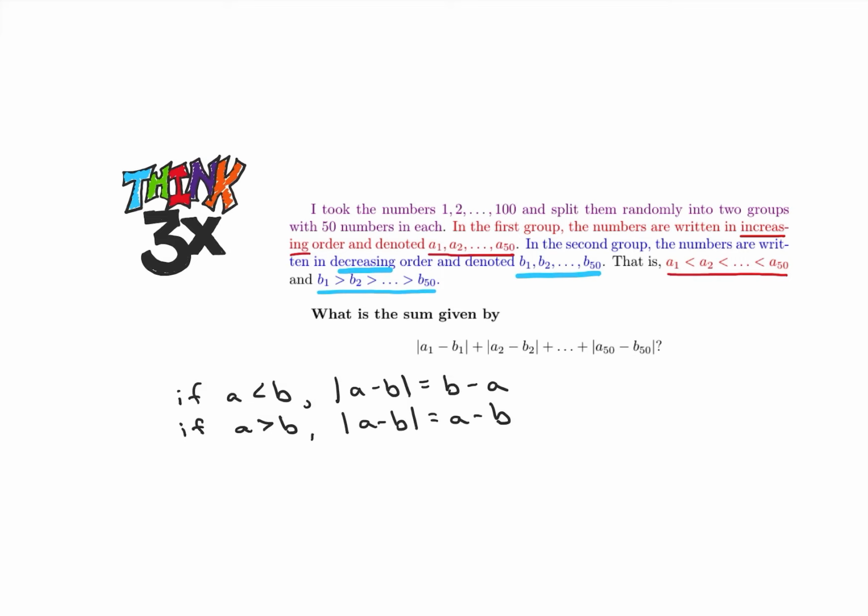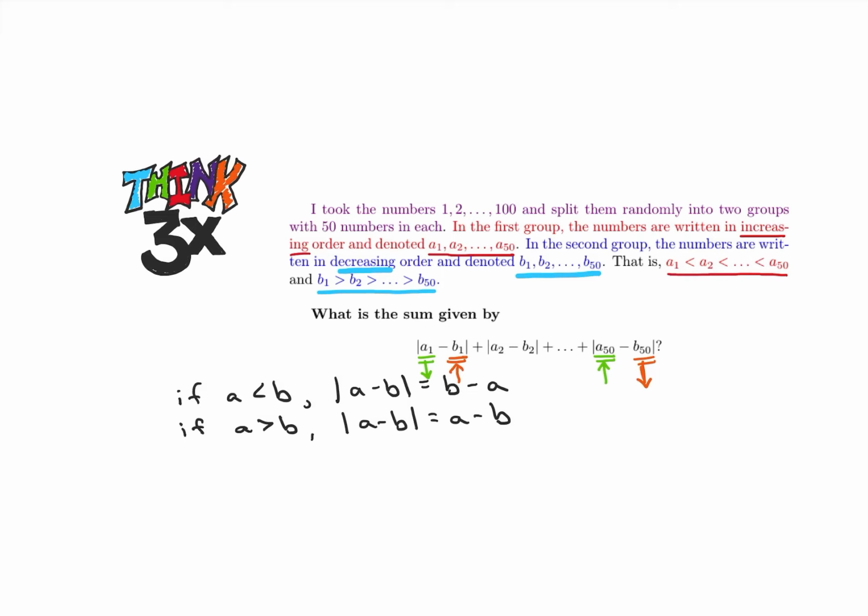Okay, so the next thing I want you to think of is that I'm going to start out with the smallest a value. So this guy's very small. And I'm going to end up with my largest a value. For the b values, I'm starting off with my absolute biggest b value, and I'm going to go down to my absolute smallest b value.